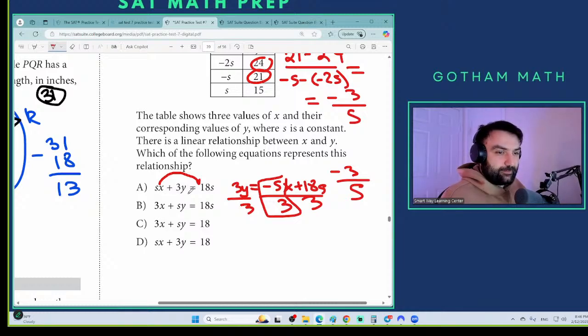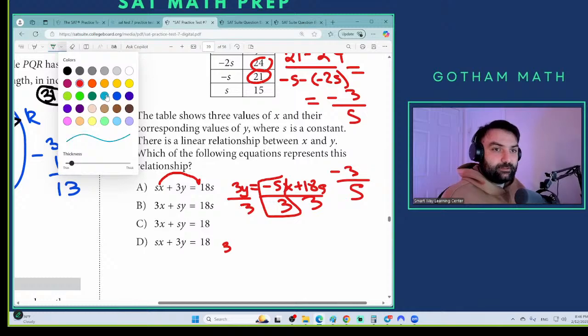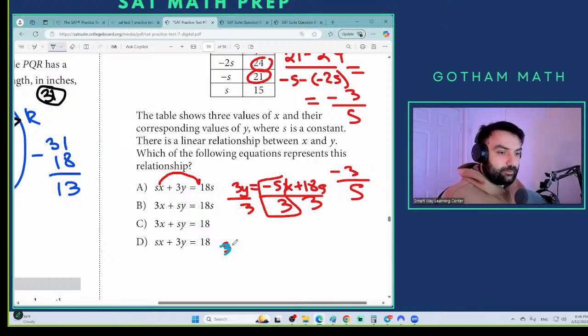Let's see. This one won't be. This will be -3 over s. This one won't be. It's going to be -3 over s. And this one is going to be -s over 3. This one also will be that. Let me do it with a different color, not to get confused here.